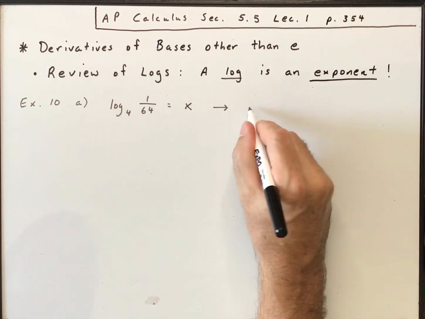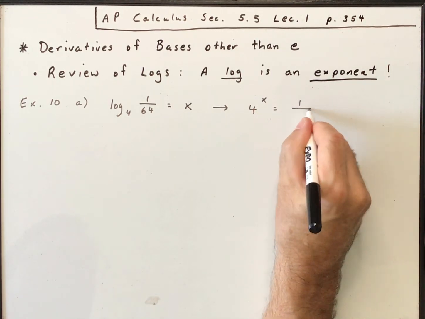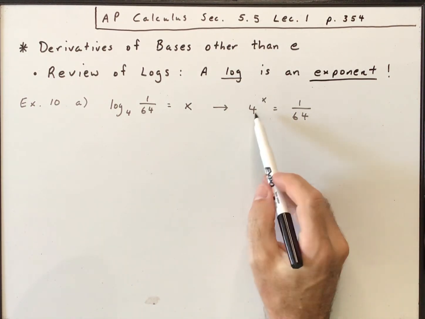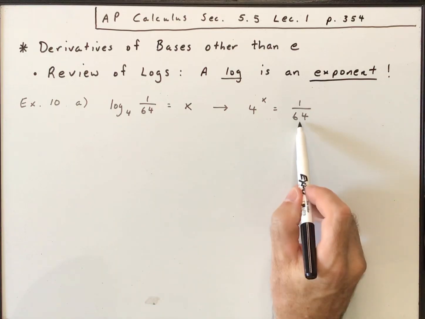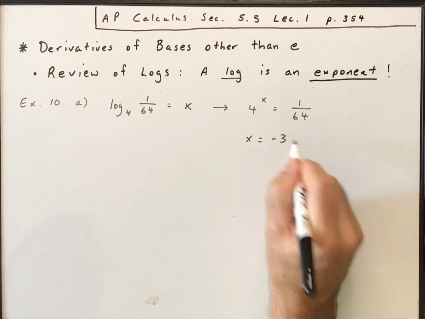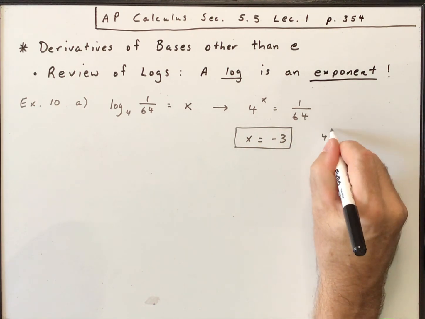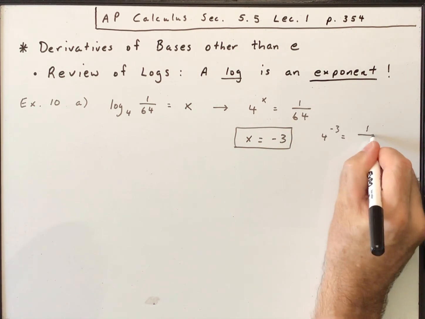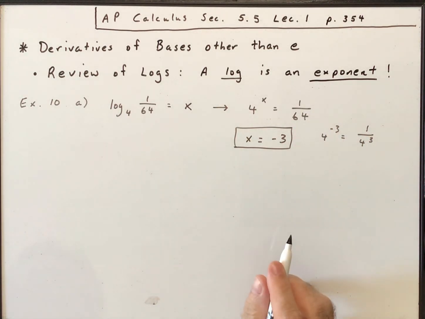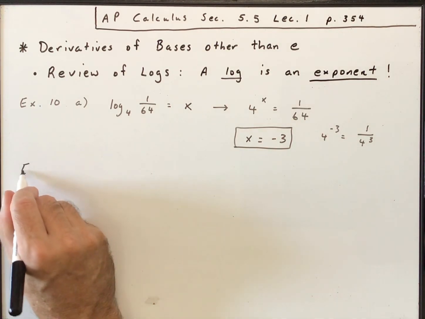So that's going to be the base 4 to the exponent x is equal to 1 over 64. So we know that 4 cubed is 64, so for 1 over 64, the exponent would be -3. So 4 to the -3 is equal to 1 over 4 cubed, which would be 1 over 64. Okay, let's look at 12a.